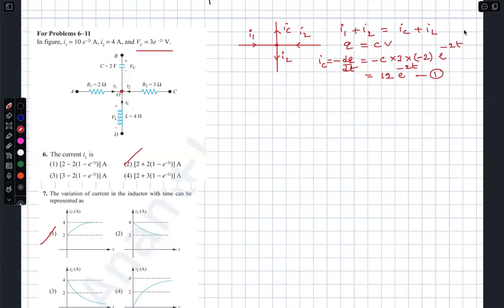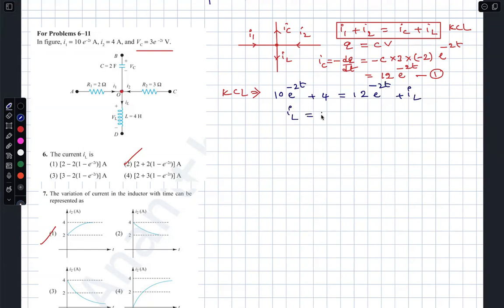No, sir. Now you use equation 1. This is called Kirchhoff current law. Now KCL implies, boys and girls, 10 times e to the power of minus 2t plus 4 amperes is equal to 12 times e power minus 2t plus IL.